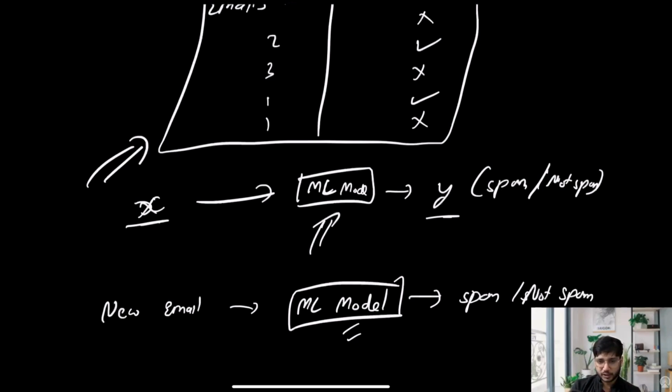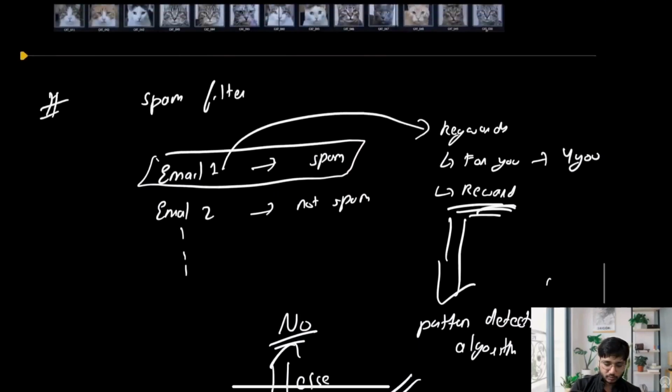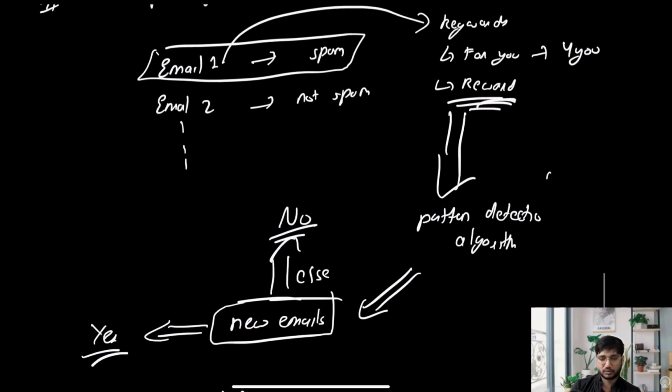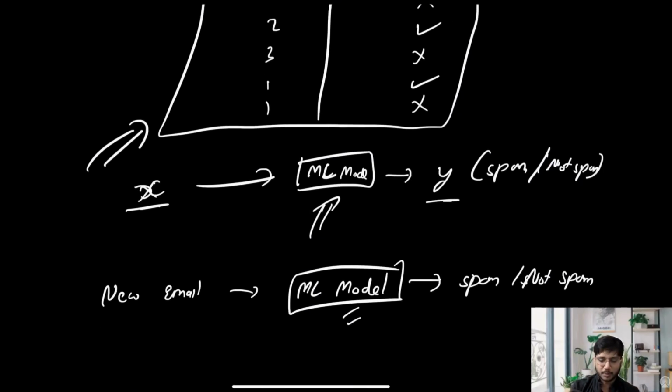From this itself, you can see how much easier it is to compute the result compared to looking for keywords, searching for keywords, creating a pattern detection algorithm, and running it on new emails. Now everything can be simply done by finding an ML model. That's the difference between traditional algorithms and the new ML models.